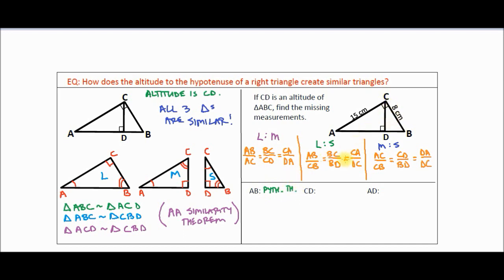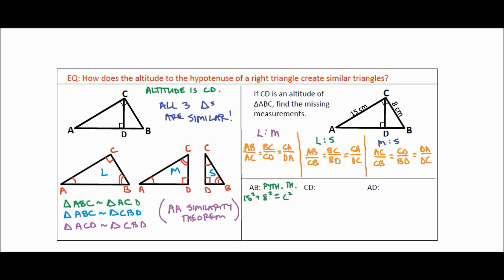I always use that when I can. So in this case, let's go ahead and write this out. We've got 15 squared, plus our other leg, which is 8 squared, is equal to our hypotenuse, which is AB. That's what we're looking for, our hypotenuse. Let's go ahead and label that as C squared.